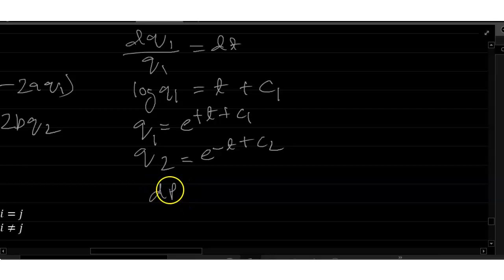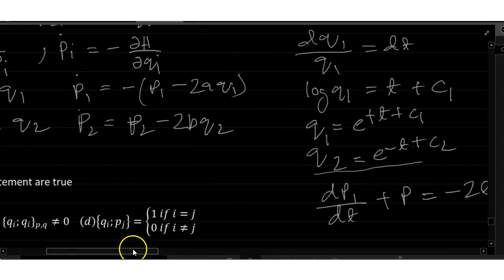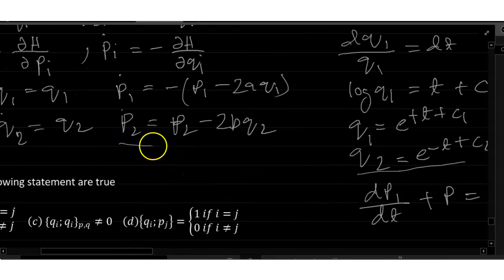And dq1 by dt plus p equals minus 2b e to the power t plus c2, by just putting the value of q2 from this equation. This equation gives p2 dot equal to minus 2b q2.